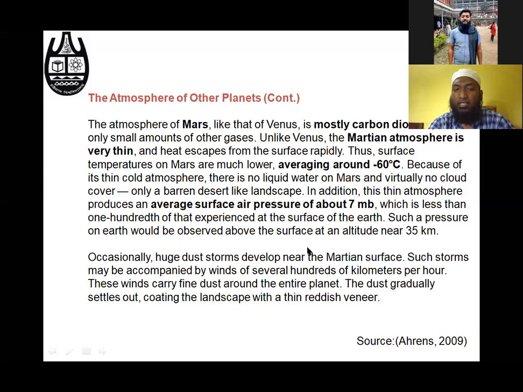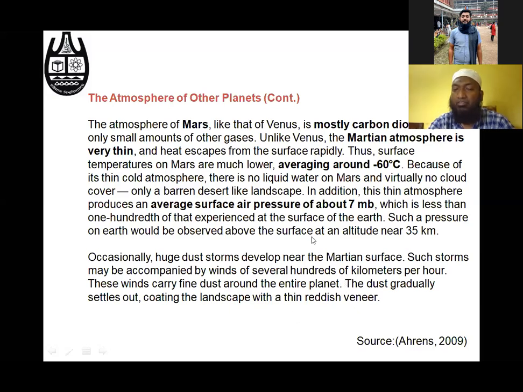Occasionally, huge dust storms develop on Mars, and such storms may be accompanied by winds of several hundred kilometers per hour. It looks like a system of a huge amount of dust being carried by a hurricane or cyclone.